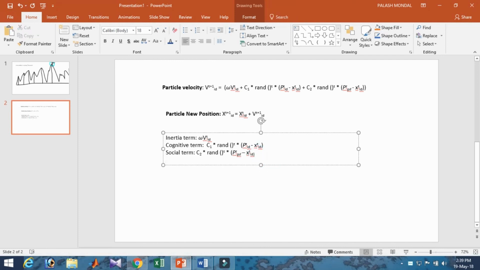And there are another two things. The inertia term is controlled by omega, this omega.